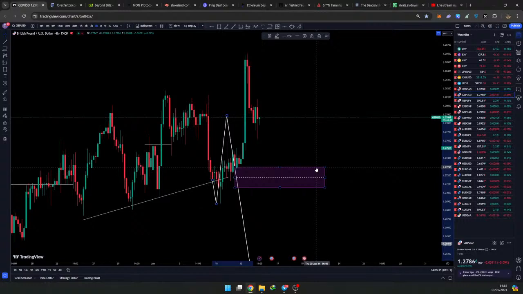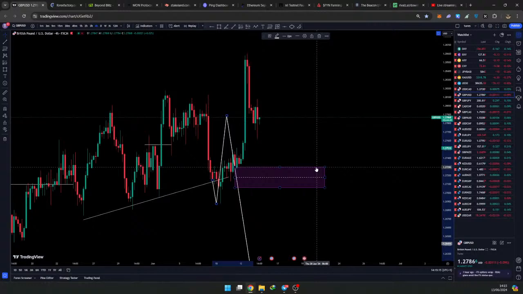This is just a zone that I got out using my Fibonacci. I hope you can see that. So this will be my preferred zone for a buy on GBP USD right now. This is between 1.27298 and 1.27061. So we can still see this level of bearishness.